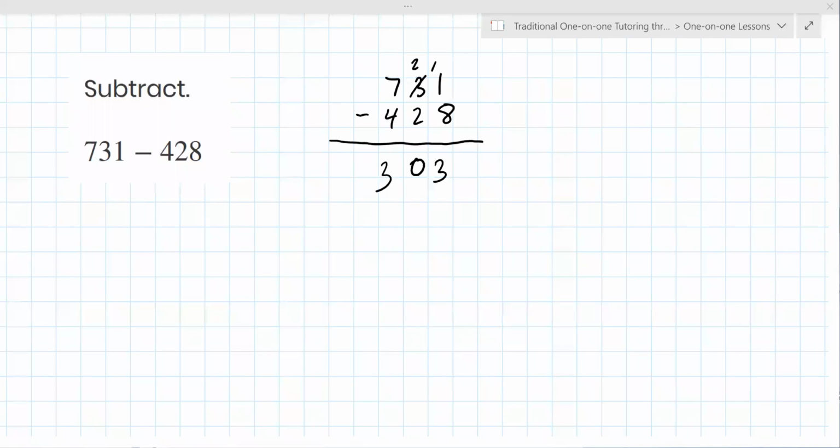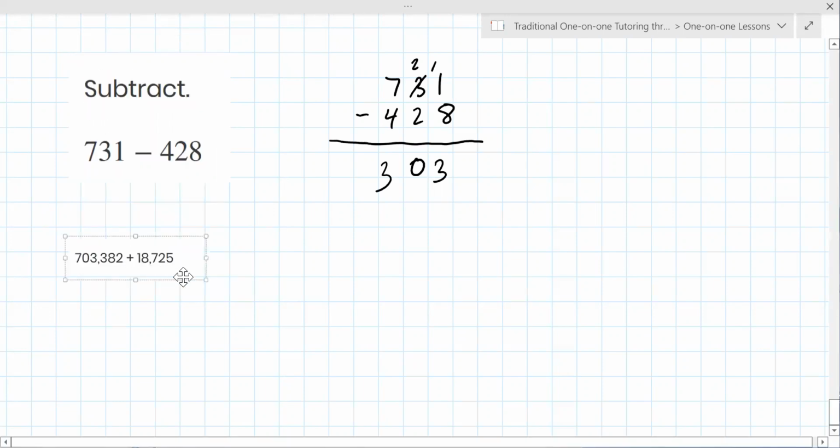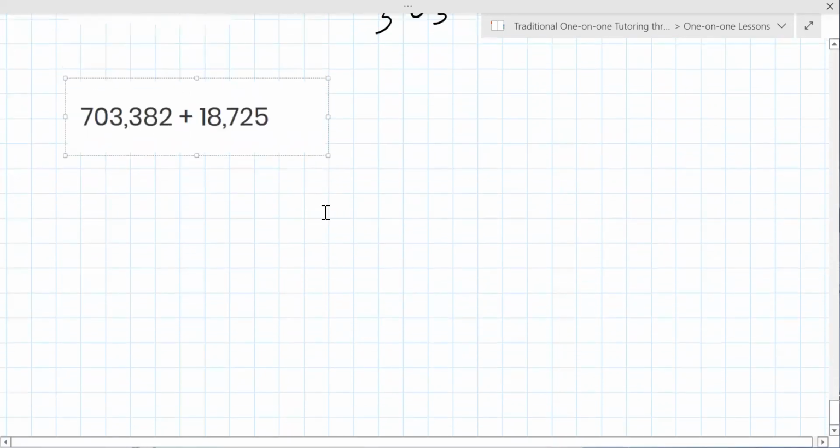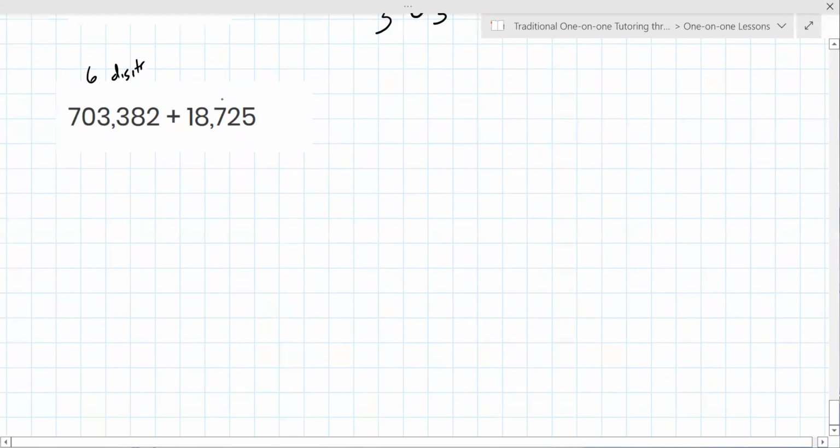Yeah, so we're going to move to some of your problems for this new assignment. We're going to add a little bit larger numbers, but it's the same process. Now, the first thing you want to do is count how many digits each has. The 703,382 has 6 digits. 18,725 has 5 digits.